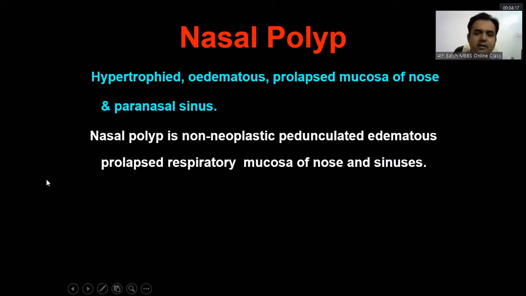Okay, so this is from your book from Dhingra. Nasal polyp is a non-neoplastic, pedunculated, edematous, prolapsed respiratory mucosa of the nose and sinuses. So nearly the same definition.